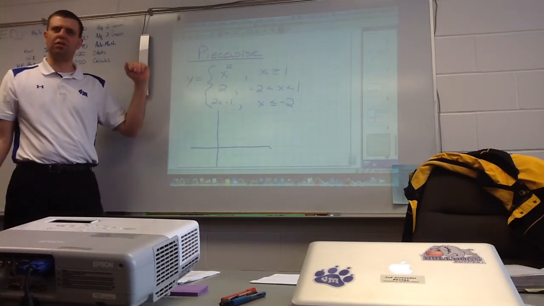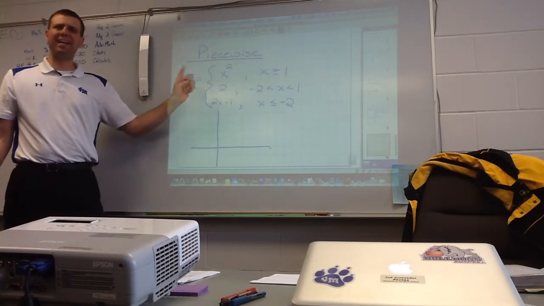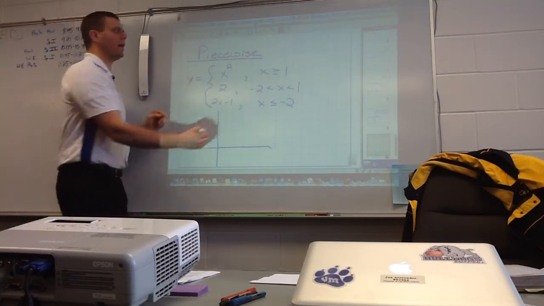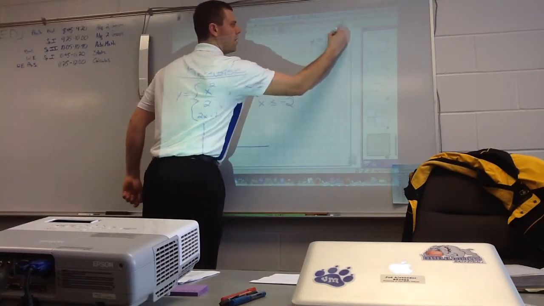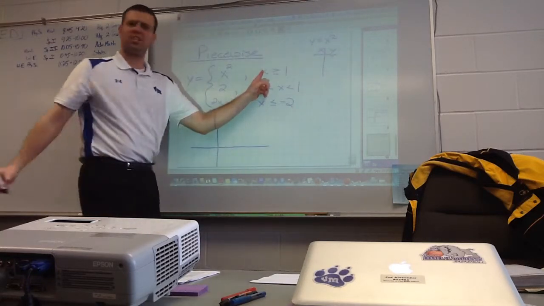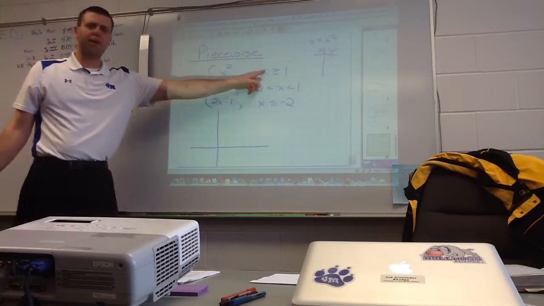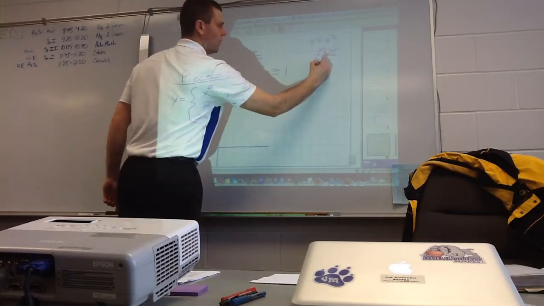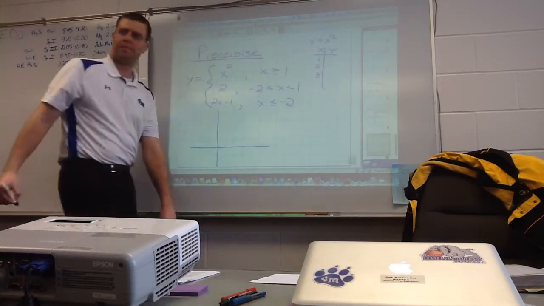I'd probably do it mentally, you could definitely write it out. I'd make a table of values for this function, y equals x squared. But when I make my table of values, I would only use x values greater than or equal to 1. So I'd do like 1 and 2 and 3 and so on.